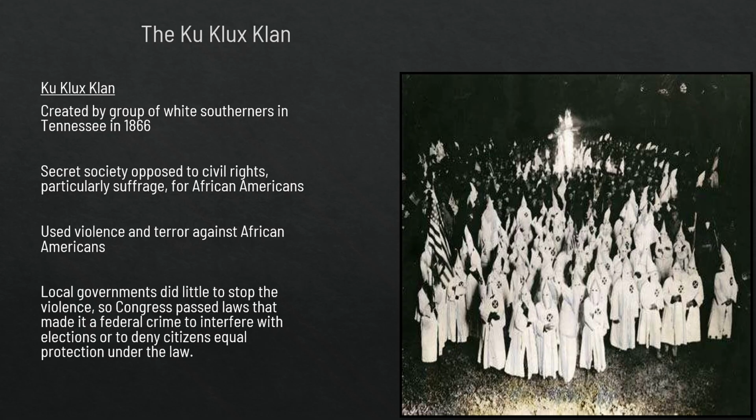So the Ku Klux Klan will continue. This is 1866. It's not till 1965, that's 100 years, until the 1960s that you even have Martin Luther King, and you're familiar with the different things that go on then.